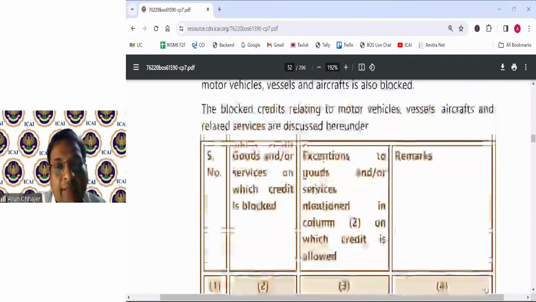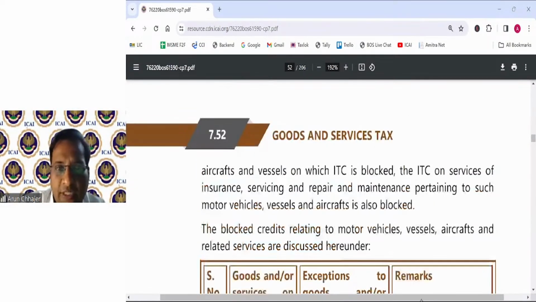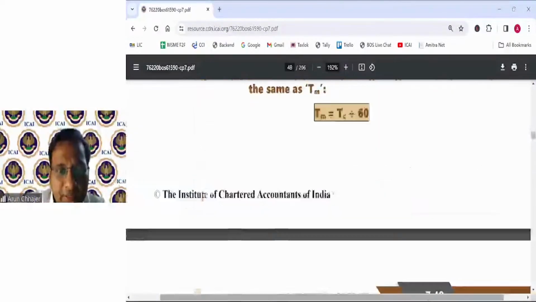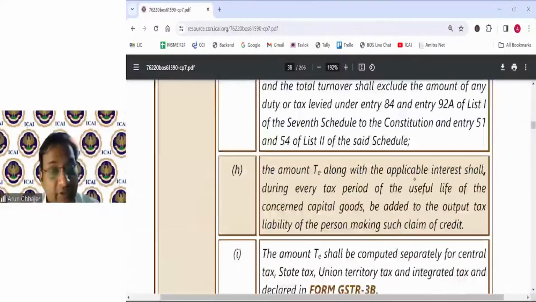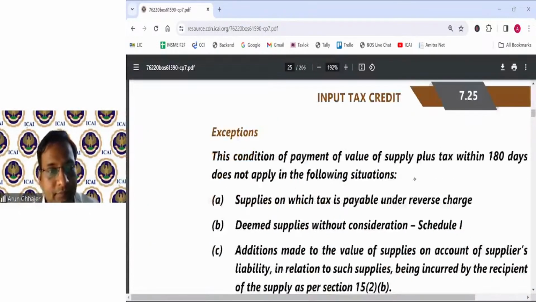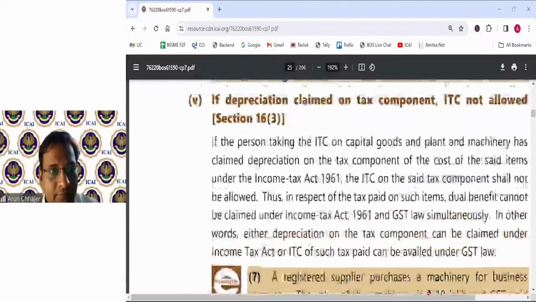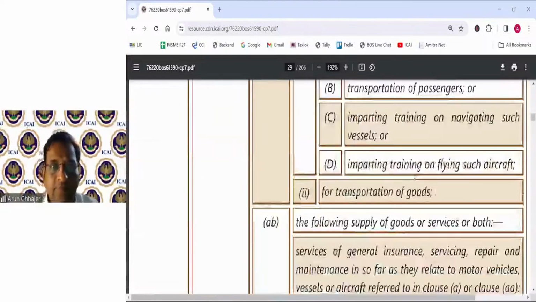Now, the first item I am taking is motor vehicle. Would you like me to show the Section 17 sub-section 5 clause on the screen?